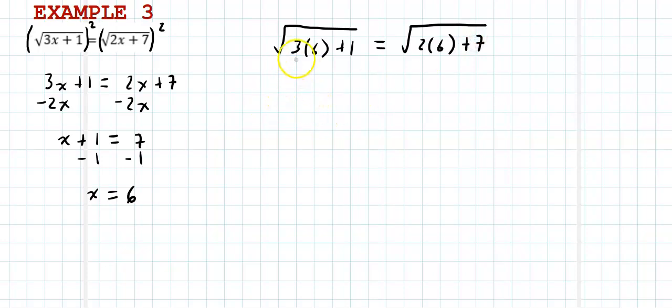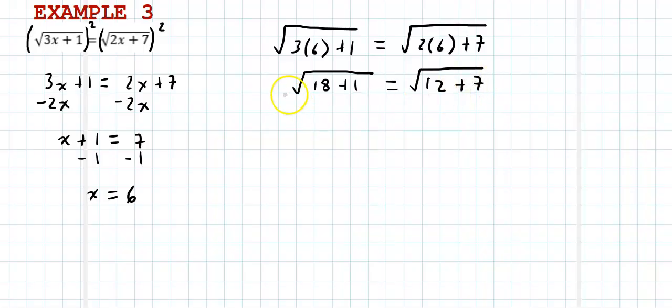In this case, 3 times 6 is 18 plus 1 equals, 2 times 6 is 12 plus 7. 18 plus 1 is equal to 19, and 12 plus 7 is 19. So 6 is the correct solution.